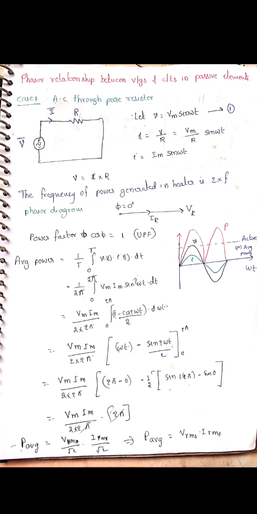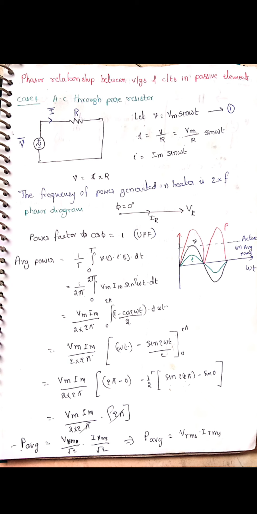Real power, true power. For this we use Fourier series analysis, the average value: 1 by 2 pi integral 0 to 2 pi of Vm sin omega t into Im sin omega t into dt. Now if you integrate and substitute values for the average value, you will get V maximum into I maximum by 2.